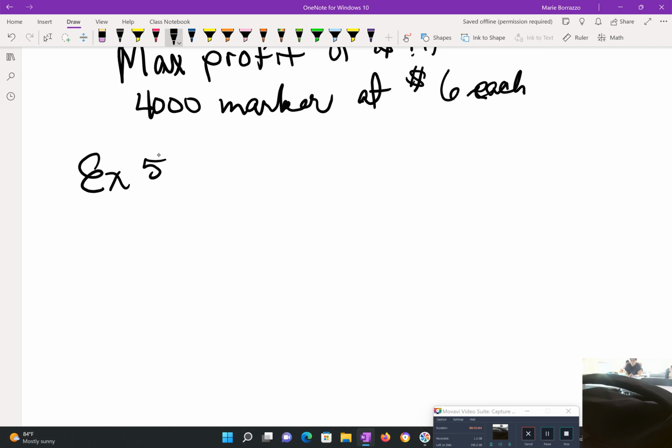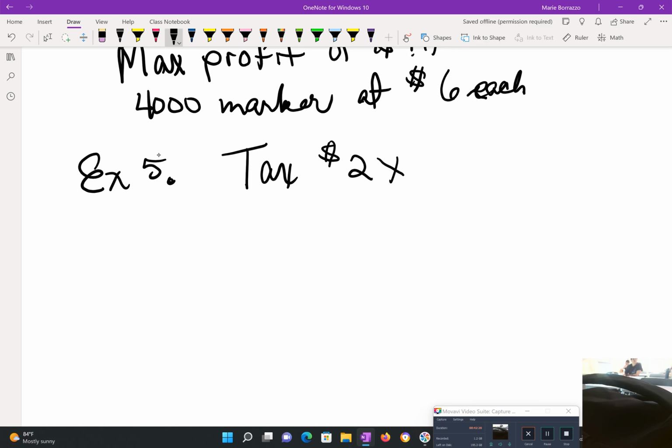So what changed? The cost function is now what? What do you think it is? They're going to tax you $2 for each marker, so think of it as 2x.